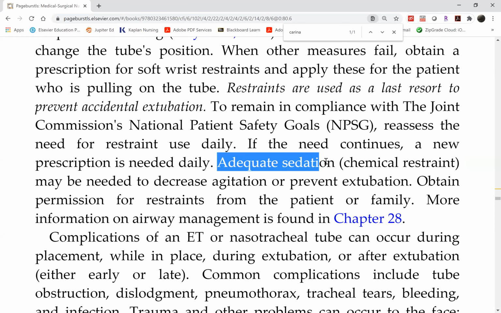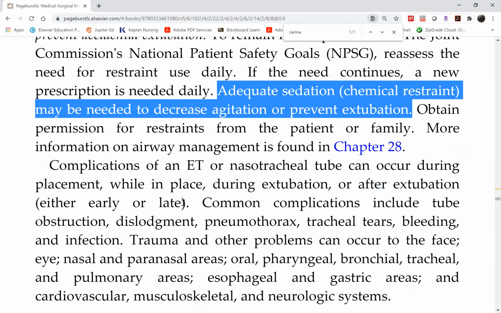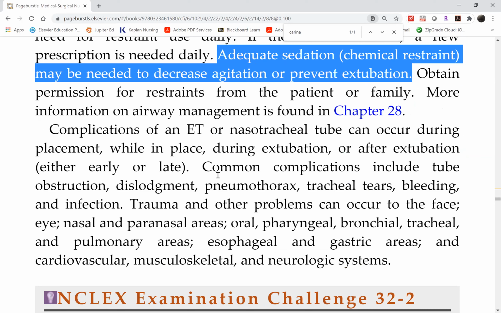So we need adequate sedation. So here's the reference to the chemical restraint, and for patient safety also. We'll do the complications later under mechanical ventilation.